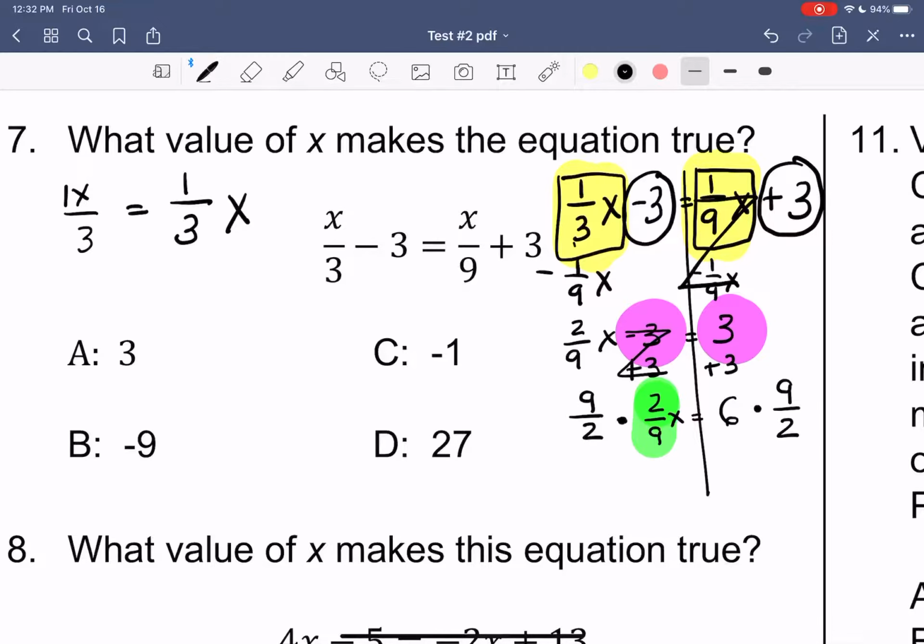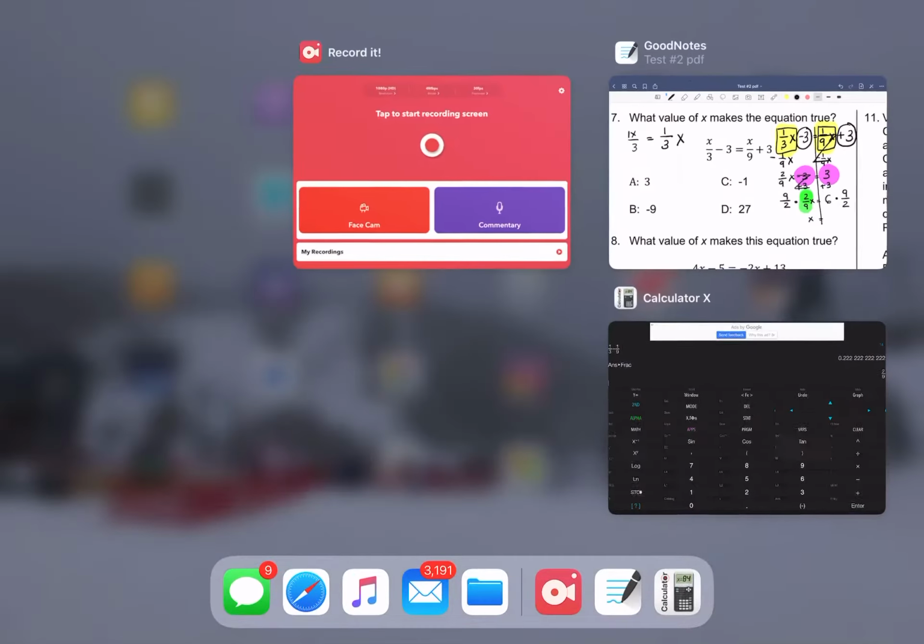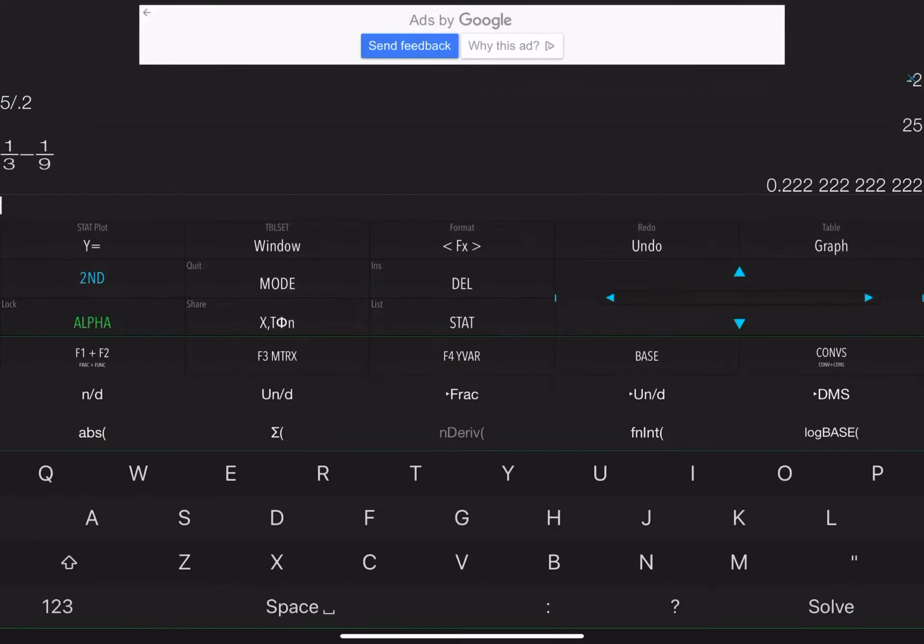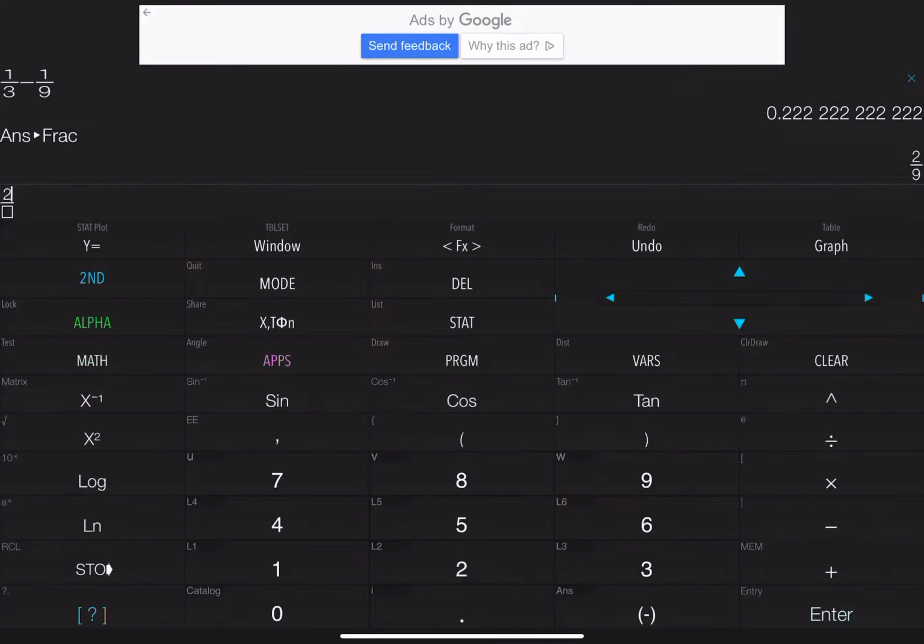And just to show you the multiplication, where we'll end up with 1 on the left side, I'll do that in the calculator here. So 2 over 9 times 9 over 2, because our goal is to get our coefficient to be 1.